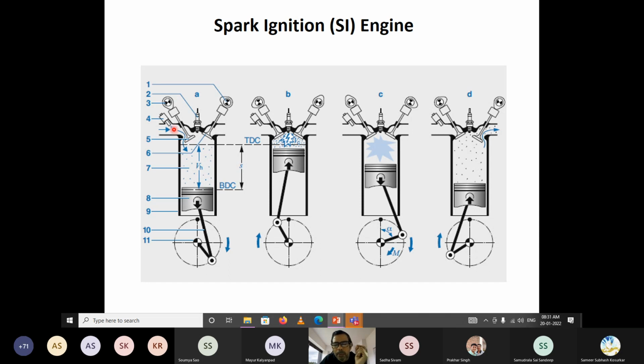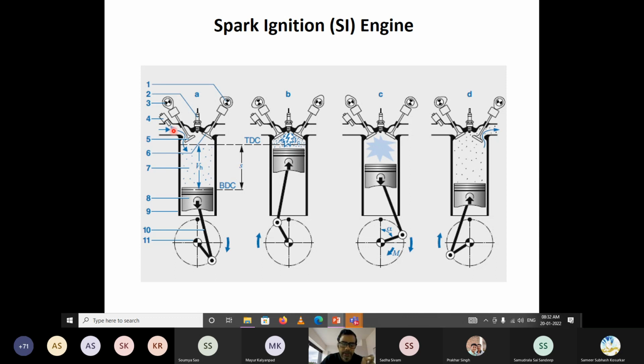Sometimes you can see MPFI, multi-port fuel injection system. All these are the same, in which the fuel injection takes place with the help of an electronic injector into the intake manifold. So it is the PFI, port fuel injection system.